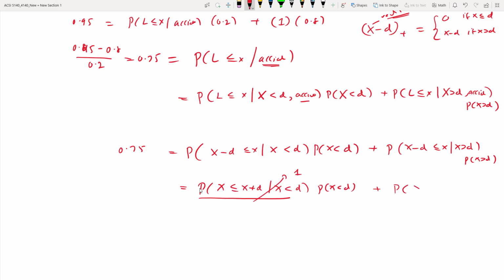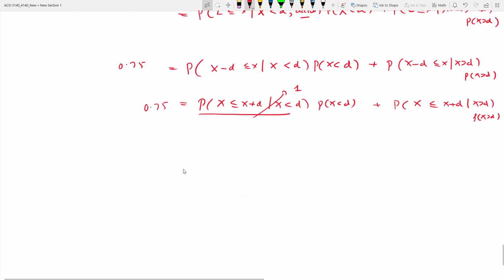And then this one is probability X is less than or equal to x plus d, given X is more than d, times probability X more than d. So that's 0.75, times probability X is more than d.